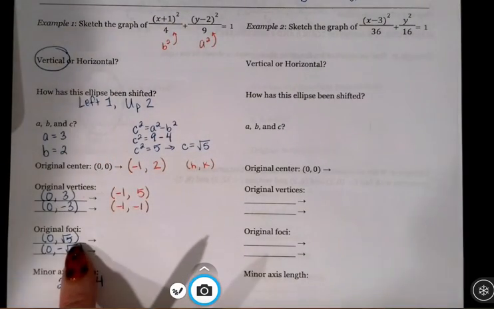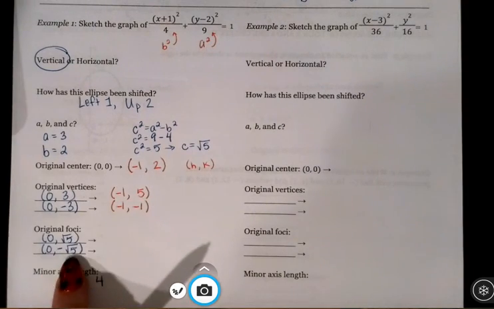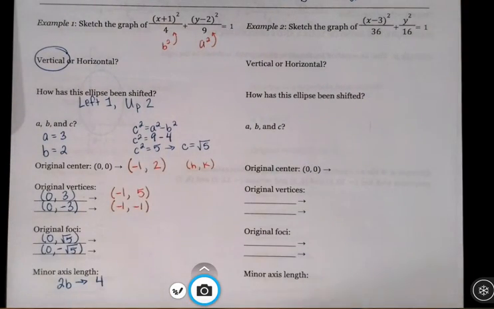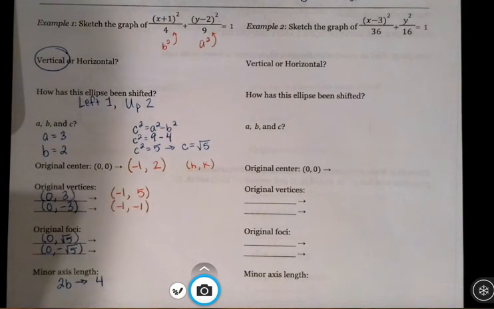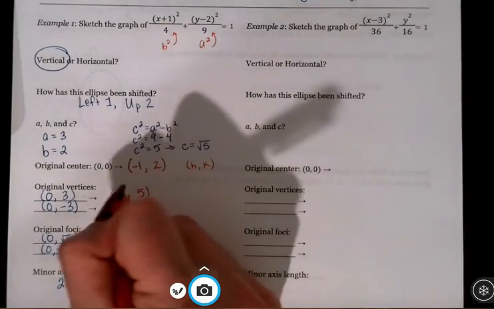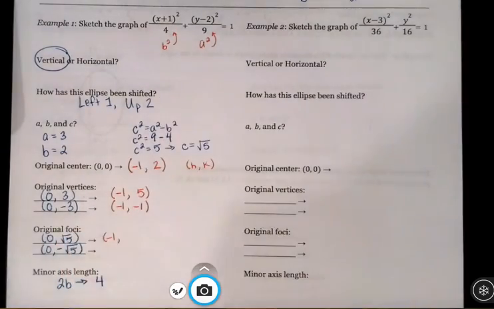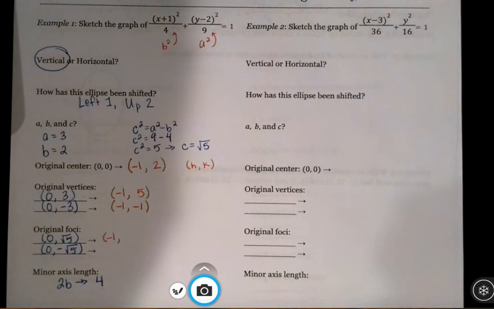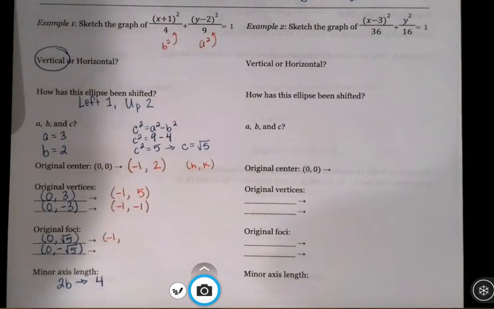For my foci, same thing. I'm going to take each point and add my new center to it. Now, since I have the square root of 5, this is where I do want the decimal version, so I'm going to do it in my calculator. So 0 plus -1 is -1, and then square root of 5 plus 2.